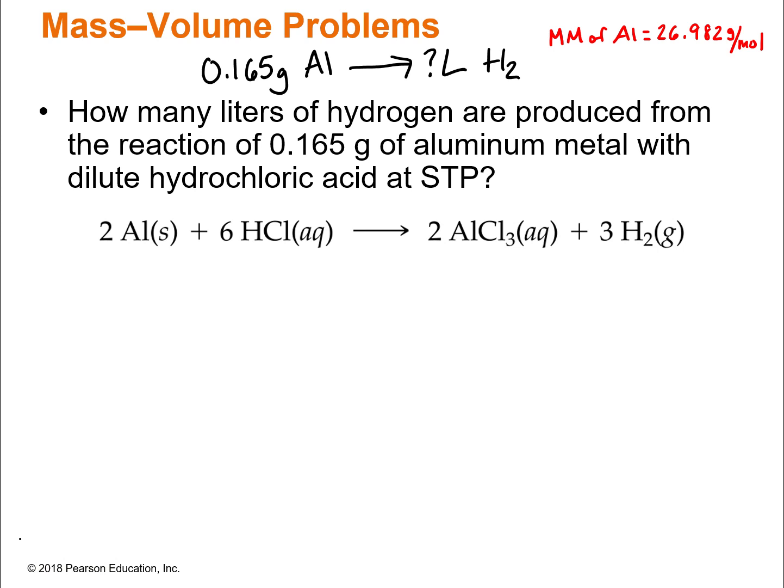So let's write out the plan before we start putting in numbers. We've got grams of aluminum. We've got to get some moles of aluminum. We need that molar mass.